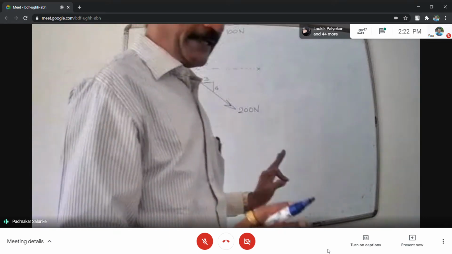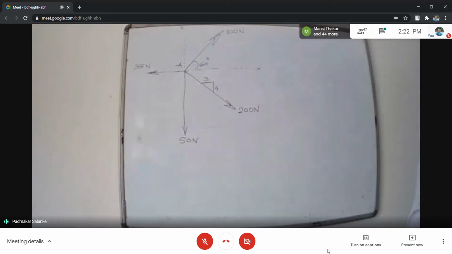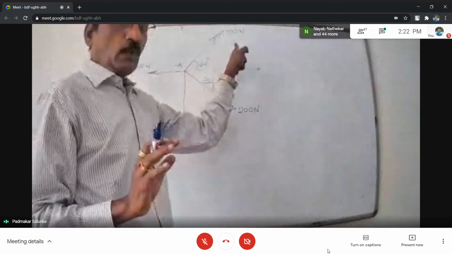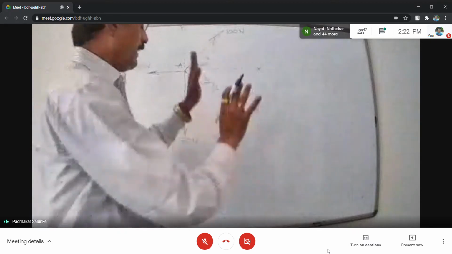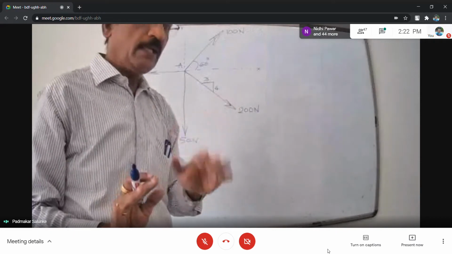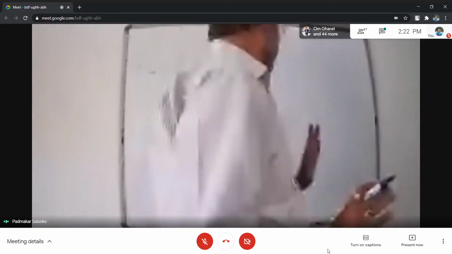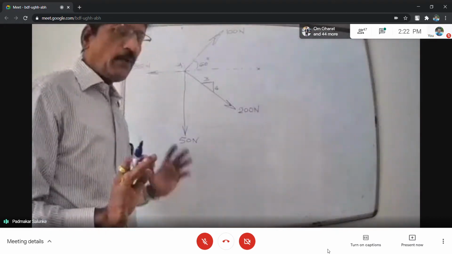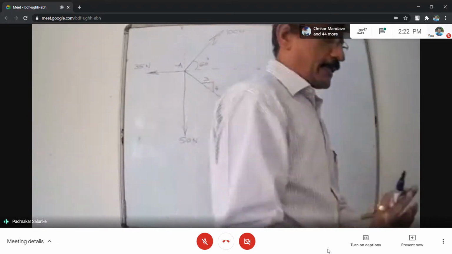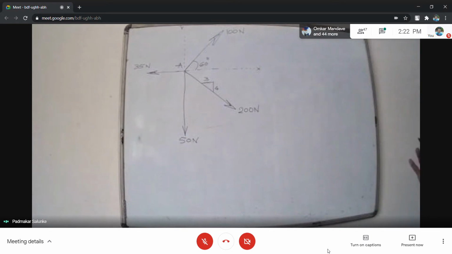At point A, a total of 4 forces are acting. Number 1, 35 Newton to the left. Number 2, 100 Newton. For the time being, I will call it acting in the first quadrant. Actually, it is not in the first quadrant, but just to understand, I am calling it that. This is acting along the negative y-axis, and this force is in the fourth quadrant.